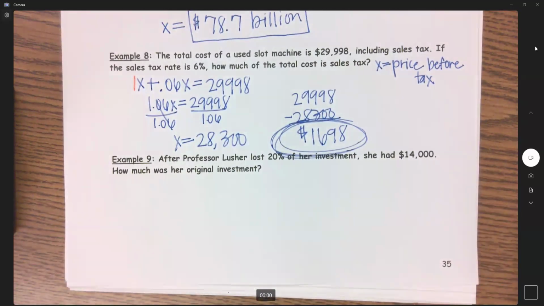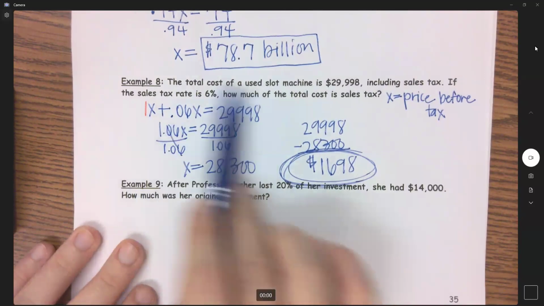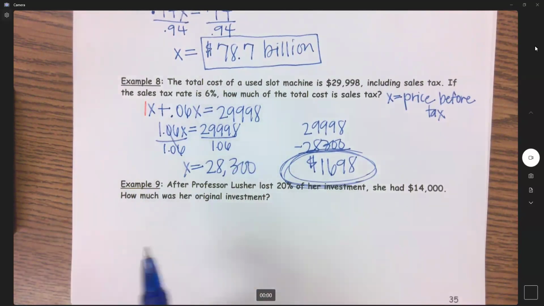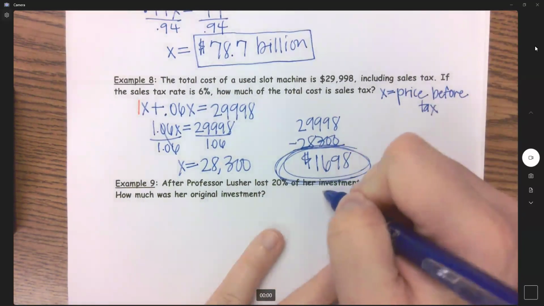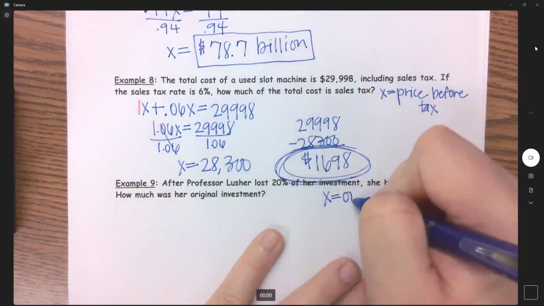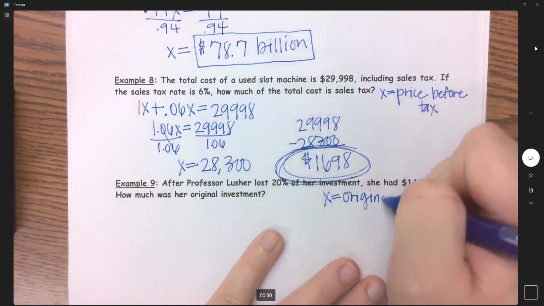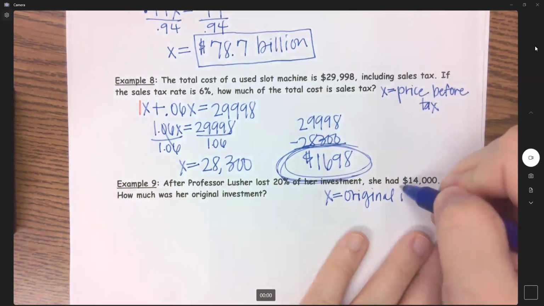Last example here. After Professor Lusher lost 20% of her investment, she had $14,000. How much was her original investment? So this is very similar to this right here. We are going to let X equal the original investment.